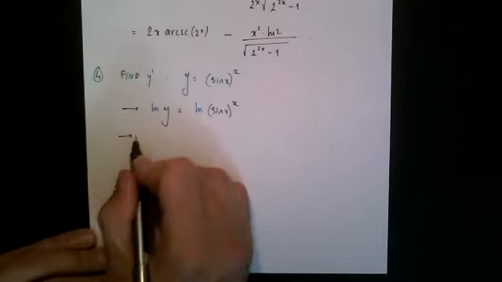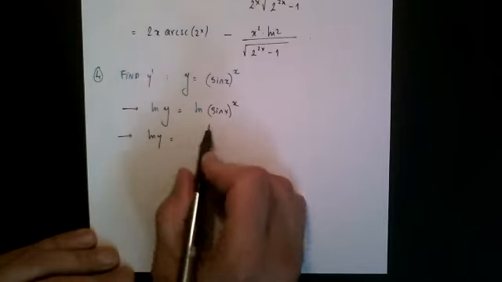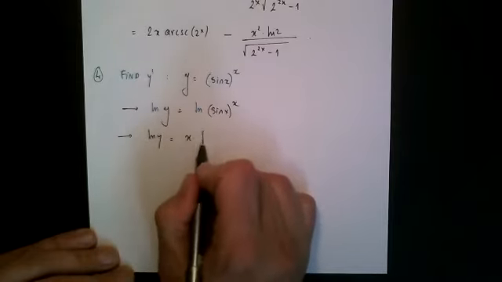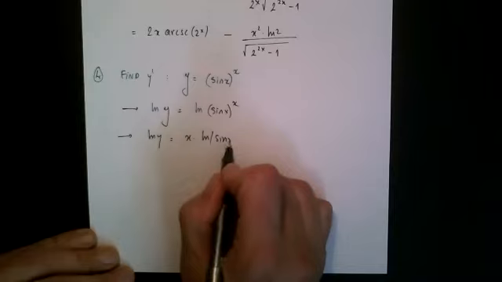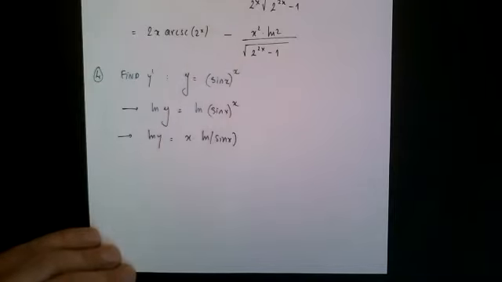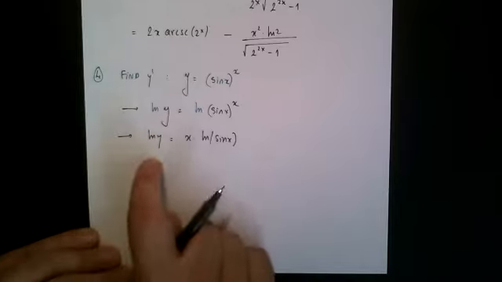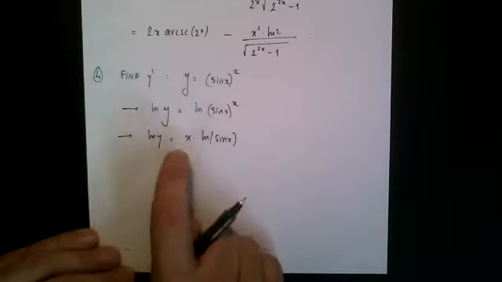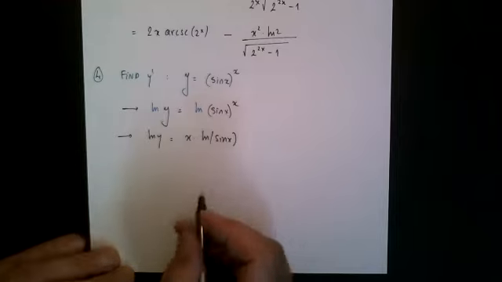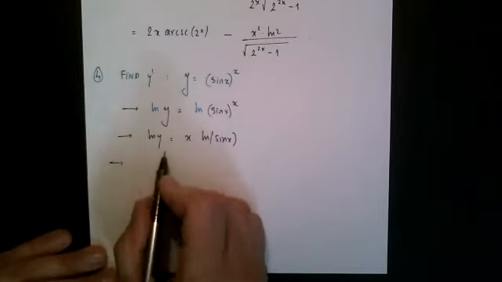Okay, so what do I have here? ln y equals x times ln of sine x. Are you okay with me so far? And now I'm going to do the derivative of both sides using implicit differentiation. So let's derive the left side.